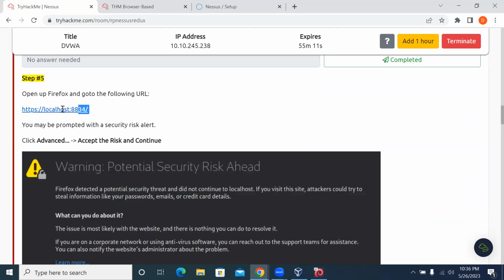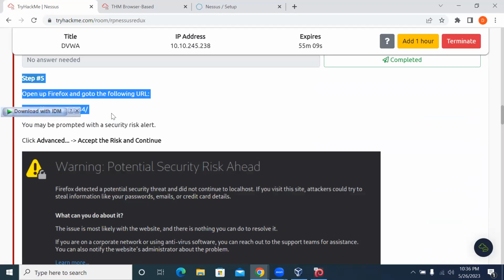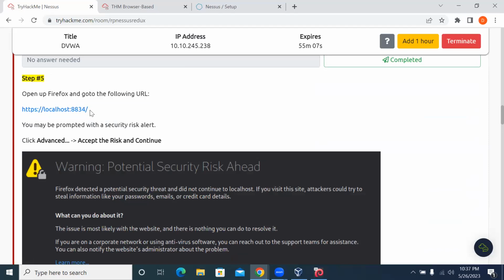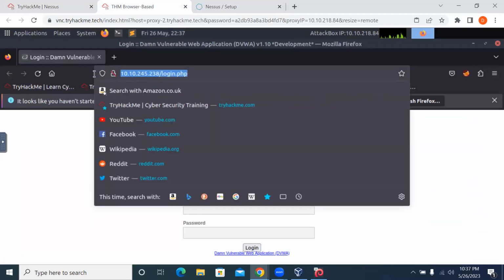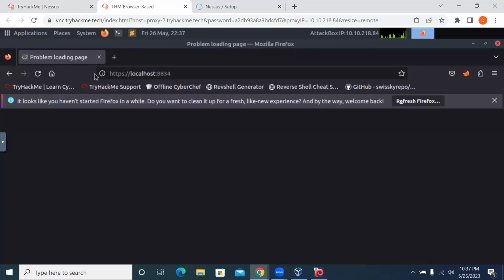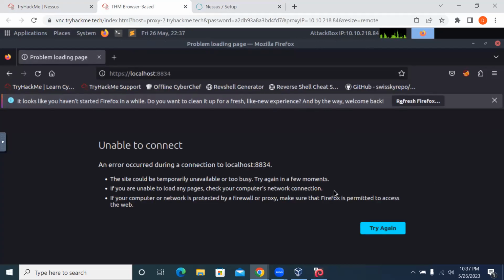But let's use this and try and see. Let's use this address as the local host. We can't get that. So we have to read through.